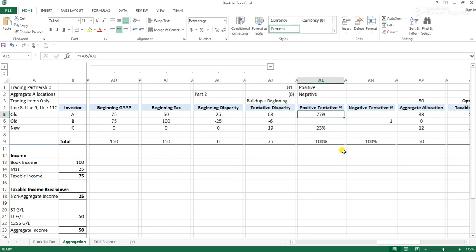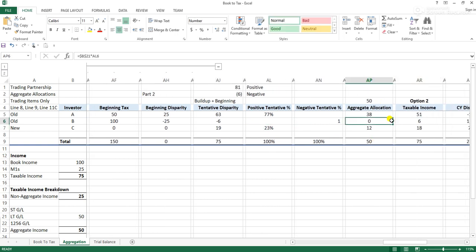Because we're trying to allocate income in a way that diminishes book tax difference in the highest way possible, what we do is take the 50 and multiply it by 77%, 50 multiplied by the 23%, and the $50 goes to these two investors, 3/4 of it going to one investor, 1/4 of it going to another. The key thing to look at here is that $0 goes to the investor who needs losses.